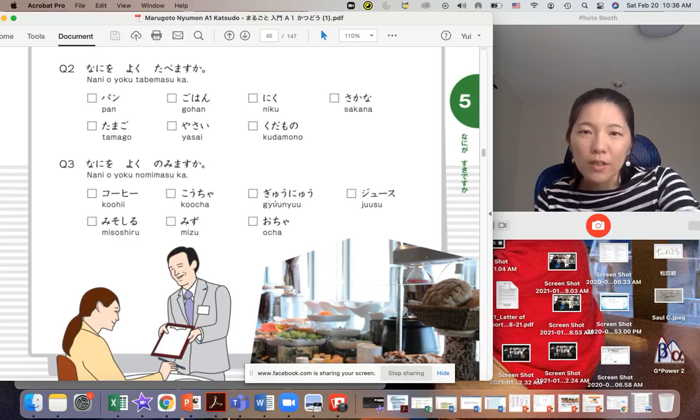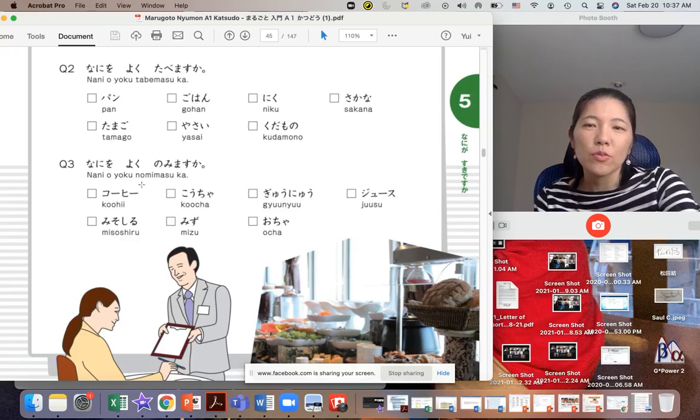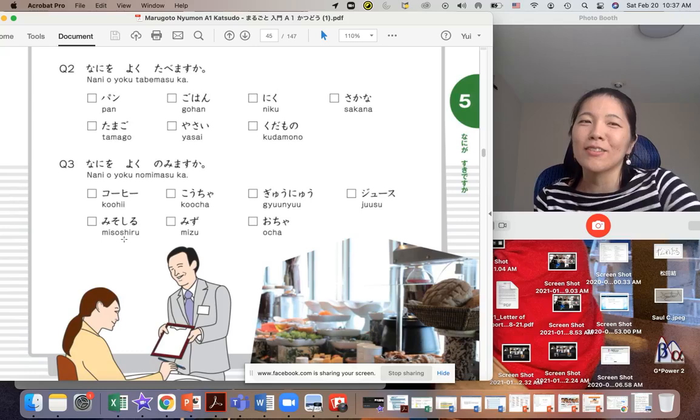The spelling is like that, that's how you type it. We'll be looking at this small u, small ya, later, some other time in the hiragana corner. And this one, juice, miso shiru. It's interesting that miso shiru is under drink.